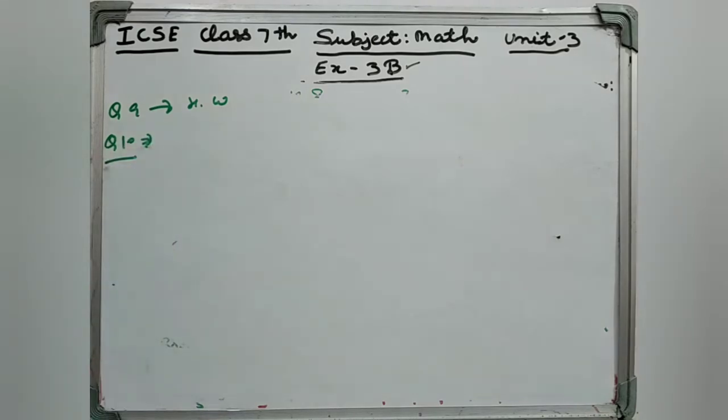In this question, a bundle of 500 sheets of paper has a net weight of 2 3 by 10 kg. Find the weight of one sheet of paper.